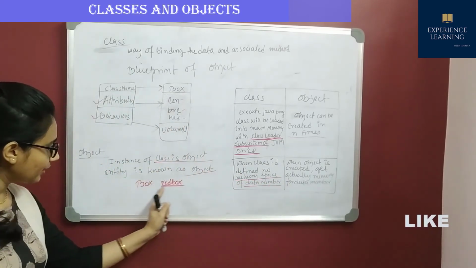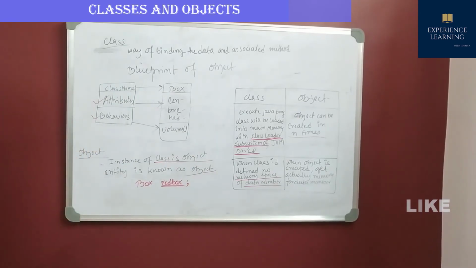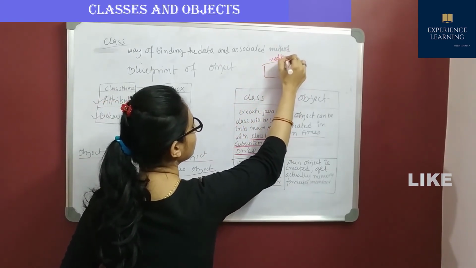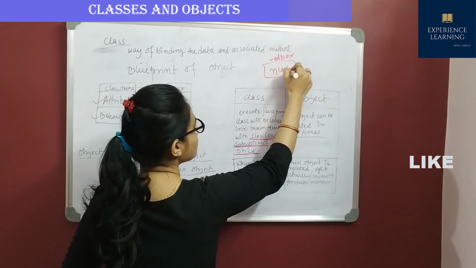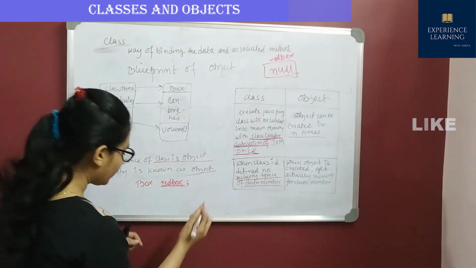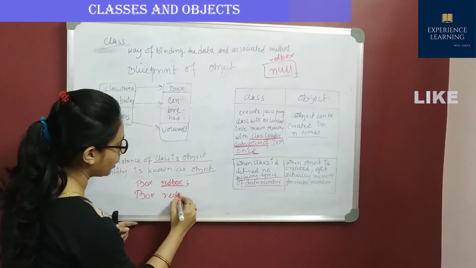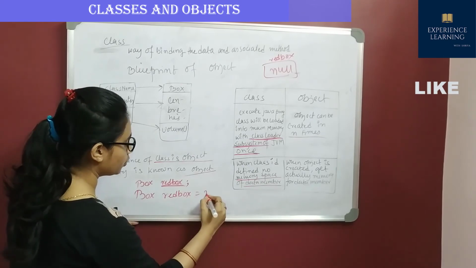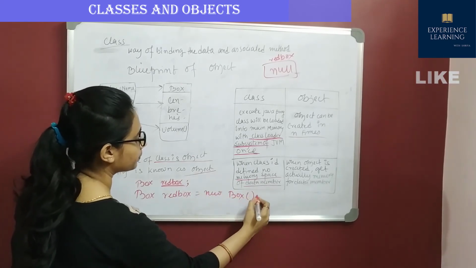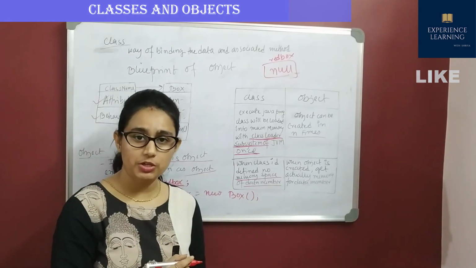So whenever you write red box, say the box, red box, that time this red box is actually null. It's not allocating memory. But whenever you write, I am writing Java syntax actually, red box equals new box, that time it actually gets the memory space.